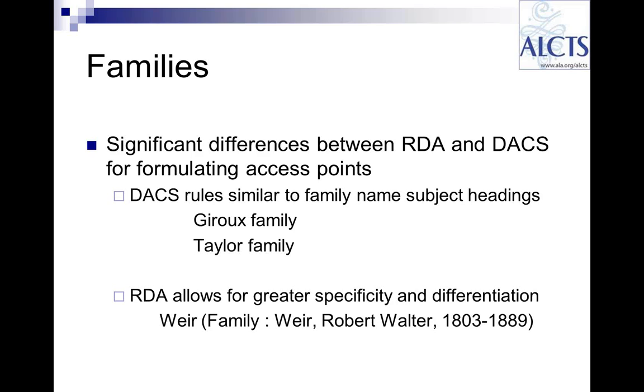RDA allows for much greater specificity and differentiation, so that you can say this is this specific Weir family, this is the family of Robert Walter Weir, and not some other Weir family, where you would run into that sort of problem with the earlier DACS rules.